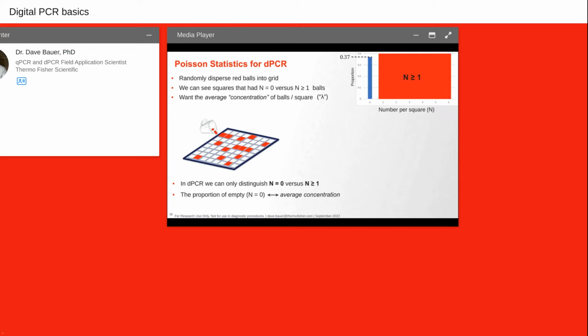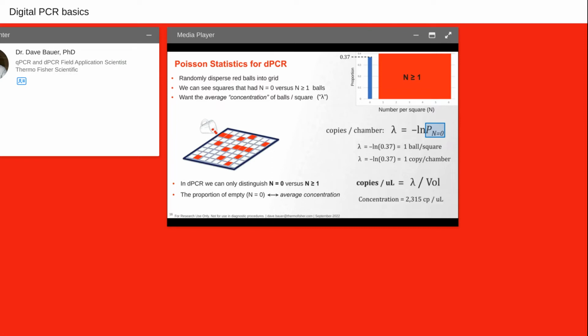And thankfully, with Poisson statistics, that is still enough information to get an estimate on the concentration. If we just know the proportion that are empty, in this example, 37% of the squares were empty, Poisson statistics gives us the equation to plug that number in. We plug in that 37%, that gives us 1 ball per square, or thinking back to digital PCR now, 1 copy per chamber.